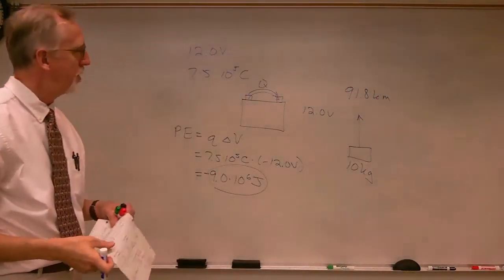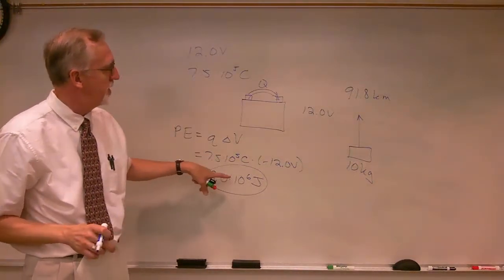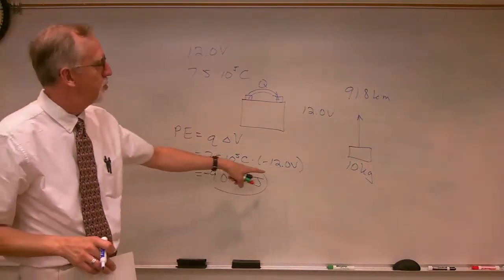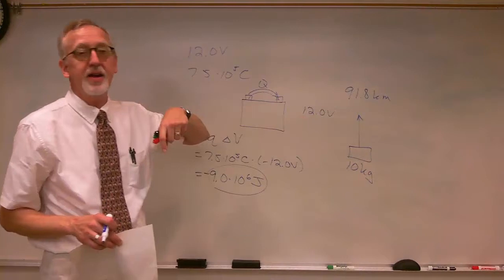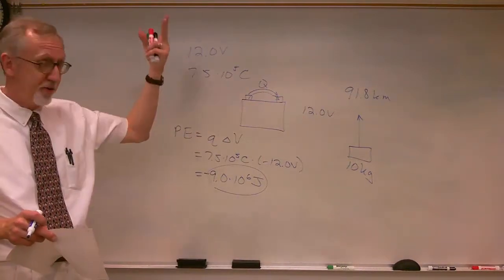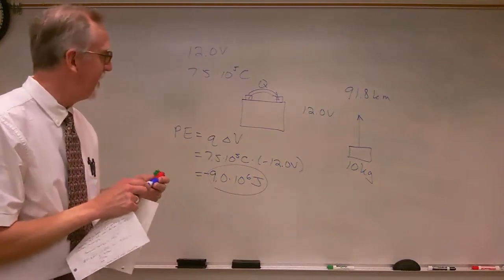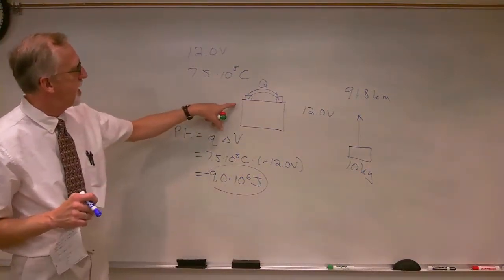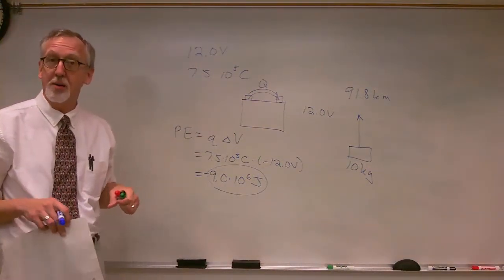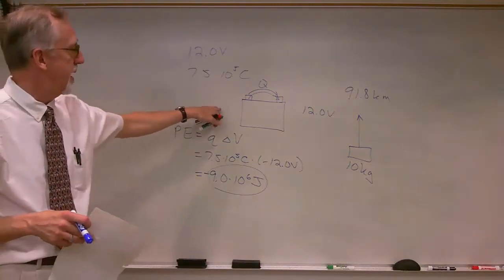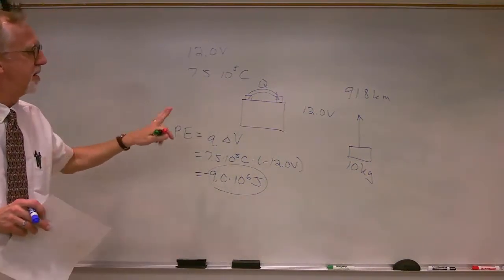So if we could take all of that energy, without losing any of it, it would raise 10 kilograms to a height of 91.8 kilometers. That's a very, very large height, kind of surprising. So it just kind of demonstrates the kind of energies we're talking about with, say, a car battery in this case. All right, so very, very good.